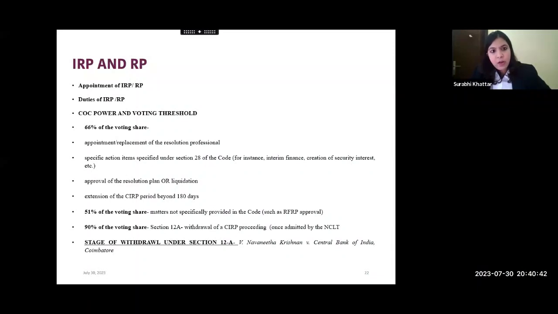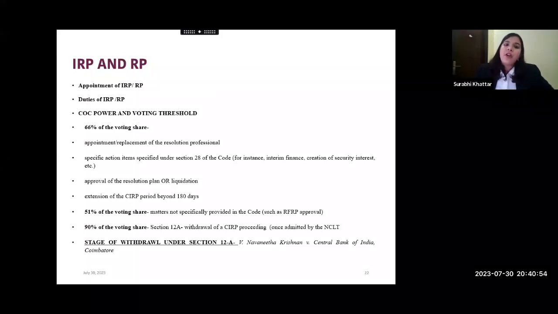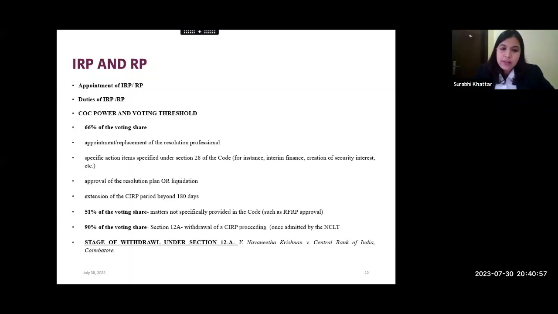This can also happen at the stage of liquidation. Even after a liquidation order is passed, if there is a proposal before the COC which the COC approves with a 90% majority, then the proceedings can be withdrawn as per Section 12A of the Insolvency and Bankruptcy Code.